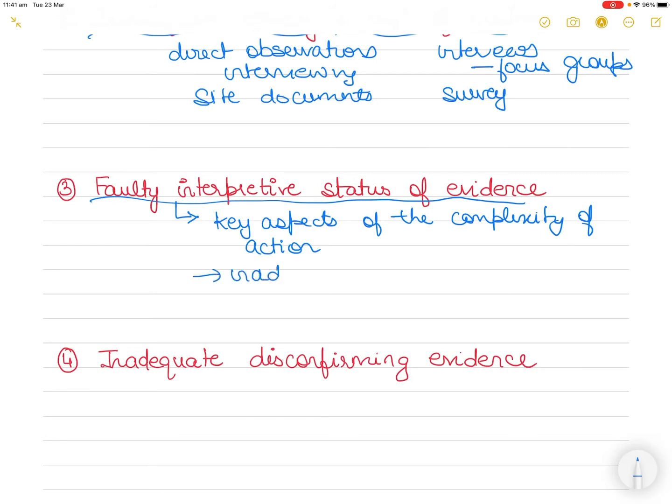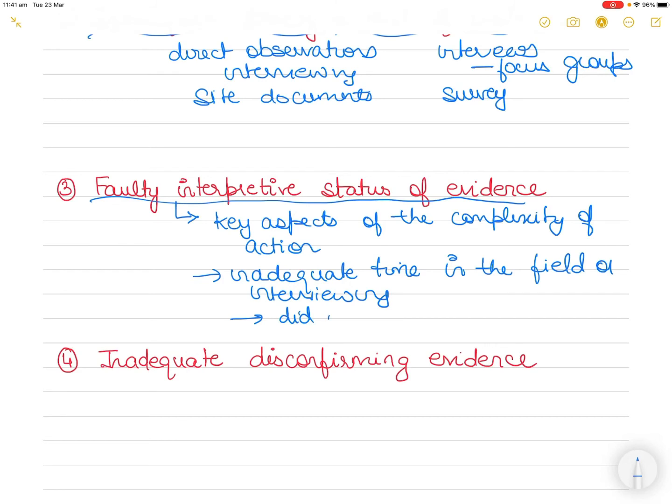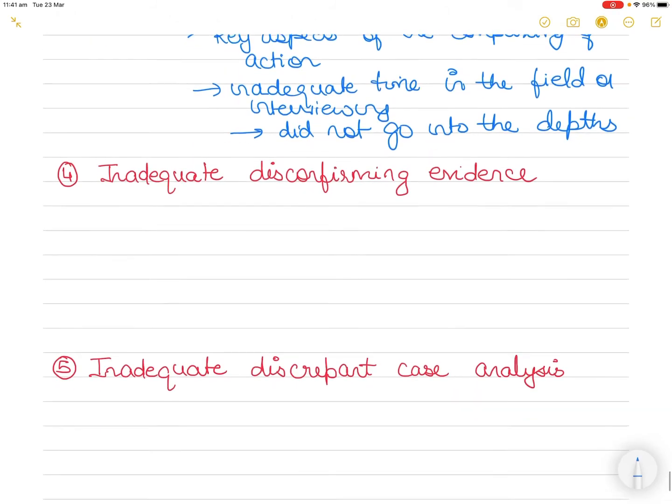You have not spent enough time in the field, or the interviewing was not intensive enough. So you did not go into the depths of the issue. You just touched the surface, which was not enough for the claims that you have made. If you have touched the surface, then the claims should also be on a surface level. You have to accept it then.